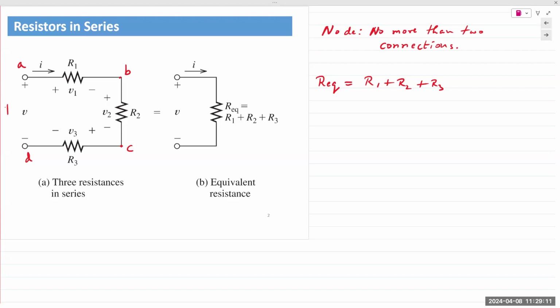These outer terminals are here. And I note that the total equivalent resistance is REQ. So EQ stands for equivalent. So total equivalent resistance as measured between those open terminals.